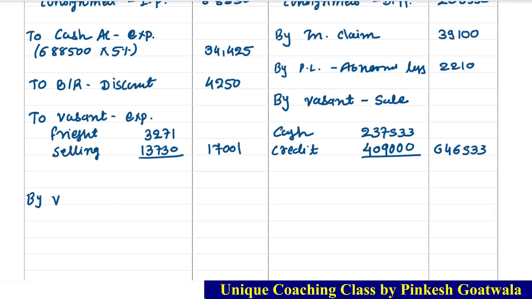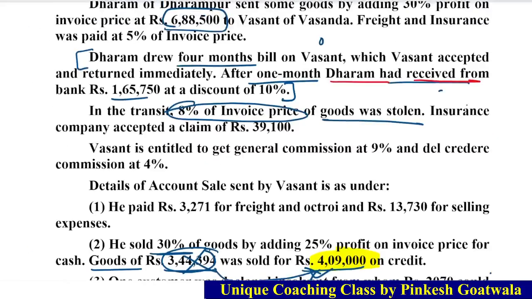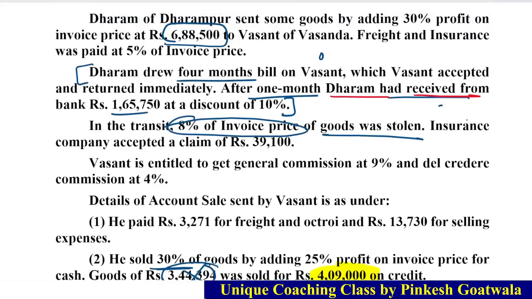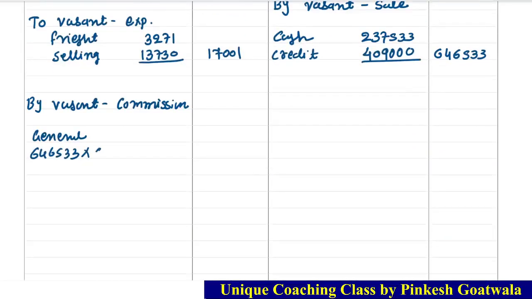So let's find out commission also. So there is a general commission and it calculate on total sale 646,533. So let's see how much percentage of commission is given. So commission is general commission 9% and Del Credere 4%. So total sale પર આપણે 9% general commission આપીશું.